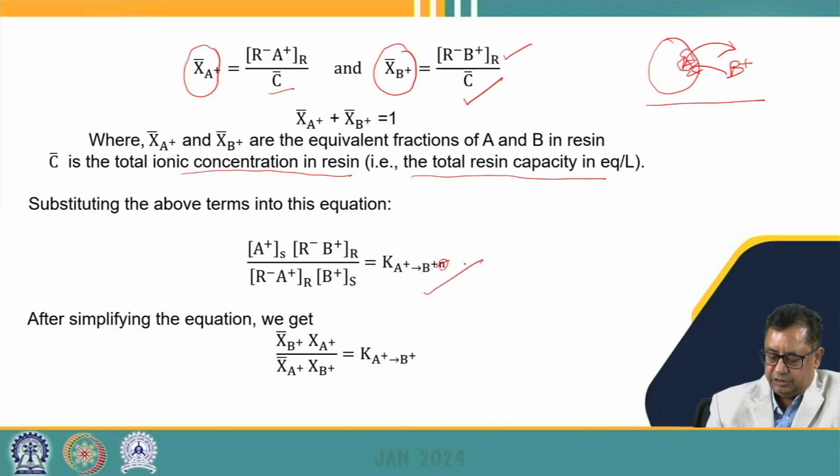So this selectivity coefficient can be replaced with the fractions of the ions. For example, we can write down x bar B, that is representing our B plus ions present on the resin. Similarly, x A plus represents the fraction of A plus ions present in the solution. Similarly, x bar A is the fraction of the A plus present on the resin, and x B plus is for B plus ions present in the solution.